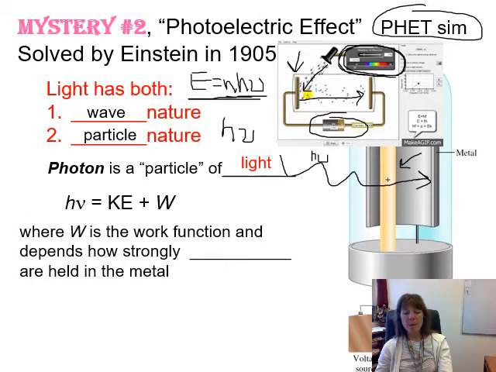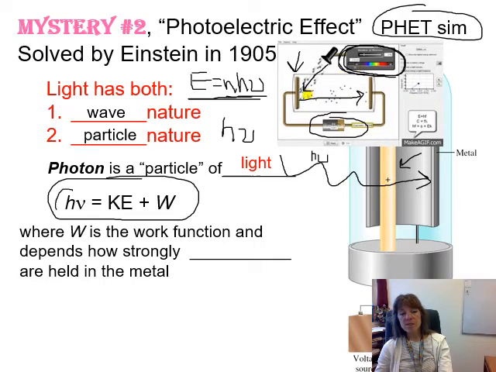So the mathematical relationship that was determined is that this photon of light, hν, and W is called the work function, and KE is the kinetic energy of the ejected electron. So this work function is a different value for every element, and it depends upon the element itself.